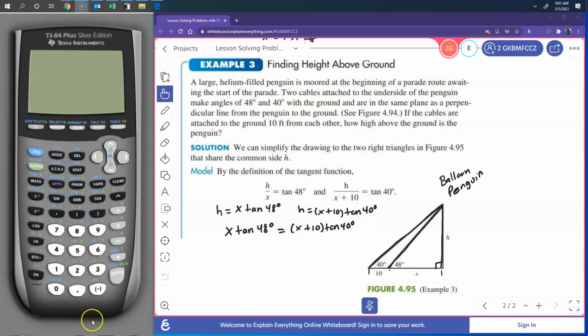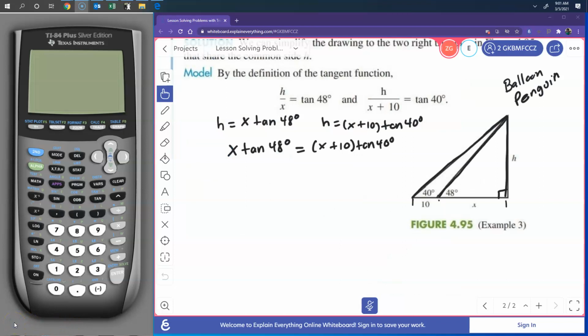Okay. So think about what could be the next step. If you look at the left side, you have x times the tangent of 48 degrees, and if you look at the right side, what you want to do is use the distributive property. So you have tangent of 40 times x and tangent of 40 times 10.